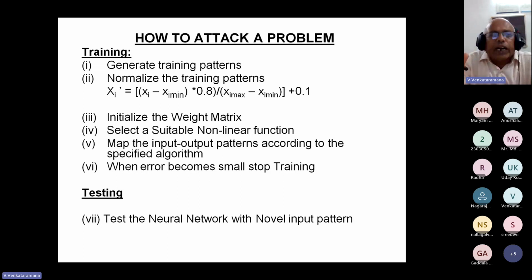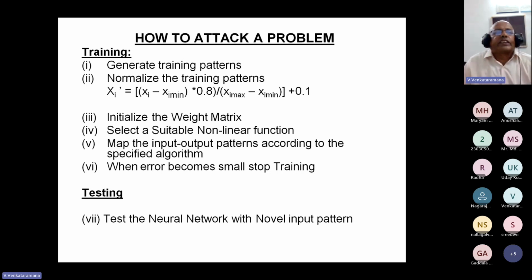Suppose you have generated 100 patterns, for example, or 1,000 patterns. One thing you should remember: more data, more accuracy; less data, less accuracy. Suppose I generated 100 patterns. You should generate the patterns randomly.